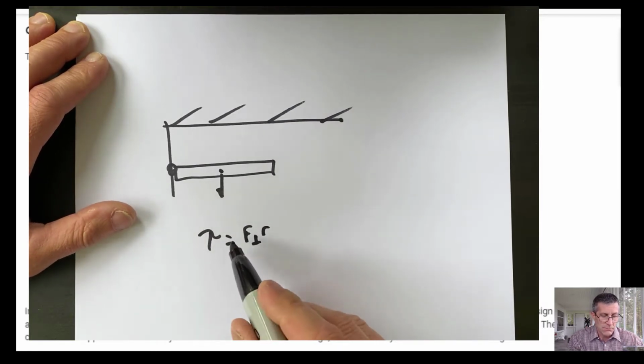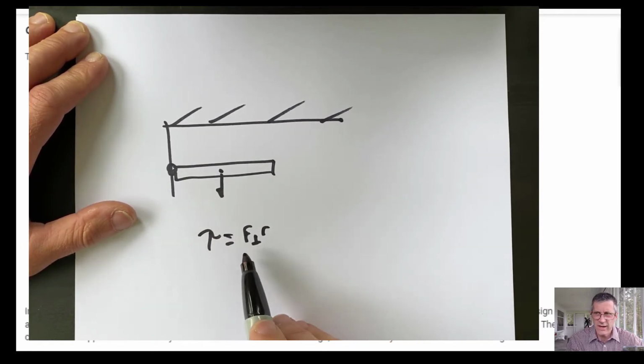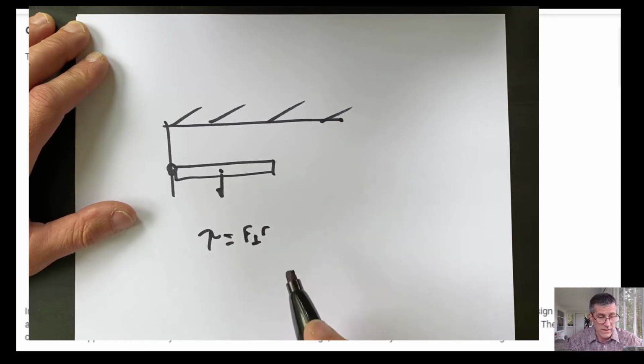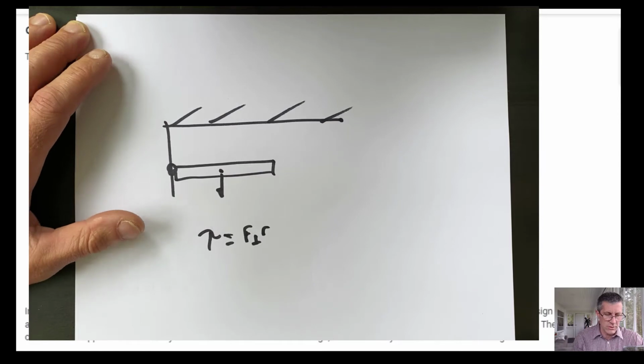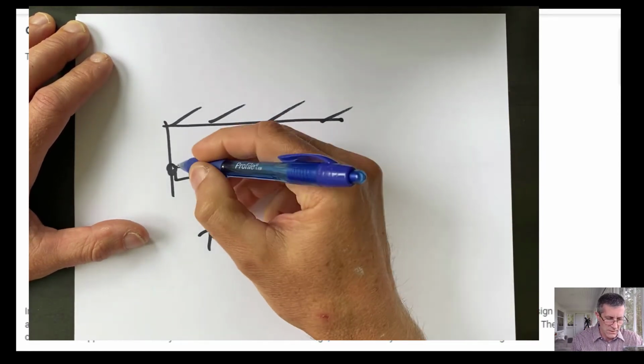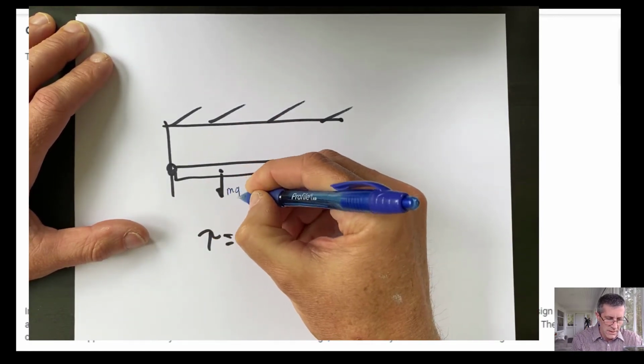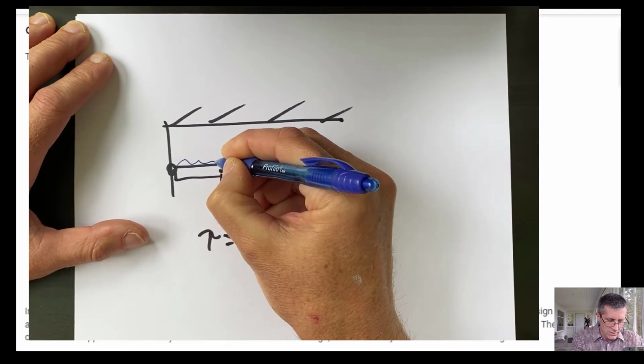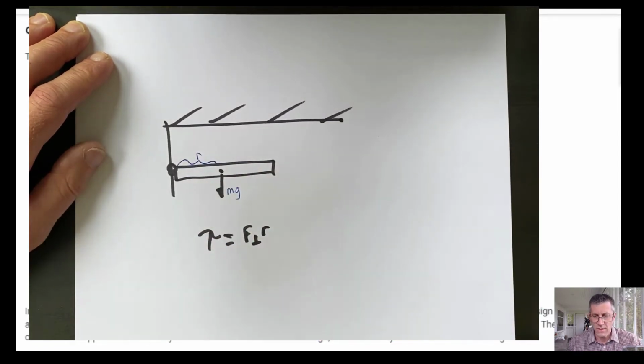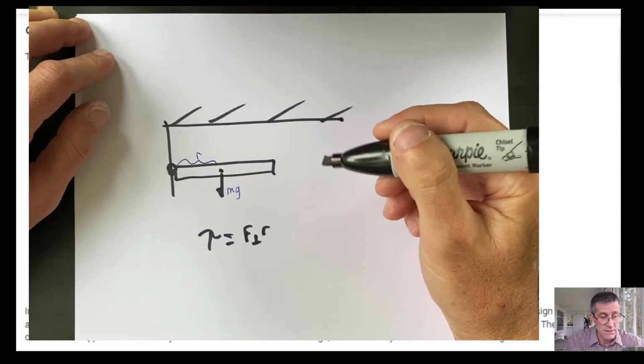We had a longer equation for this, so F R sine theta is a way to take that into account, but I need to have a force perpendicular to my lever arm. Right? So we're in pretty good shape here. I've got a force that is going to be mg, and I've got some lever arm here that's going to be constant. This is a statics problem, right? Statics is handy because it means it's not moving.